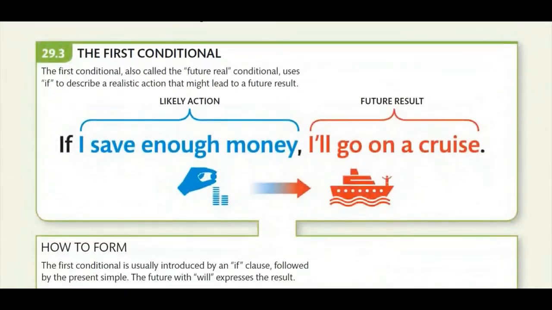Okay, so let's understand the second type, the first conditional. The first conditional, also called the future real conditional, uses if to describe a realistic action that might lead to a future result.